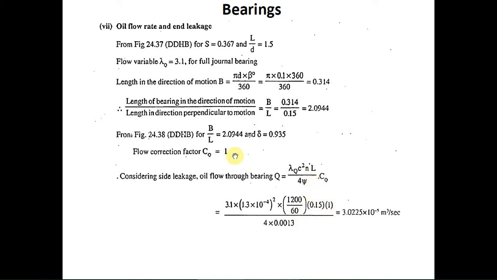To get CQ you should know the b by l ratio, which is why I calculated b: the b by l ratio and delta provide CQ. So you get Q equal to 3.0225 into 10 to minus 5 cubic meters per second. This is the oil flow rate and end leakage.